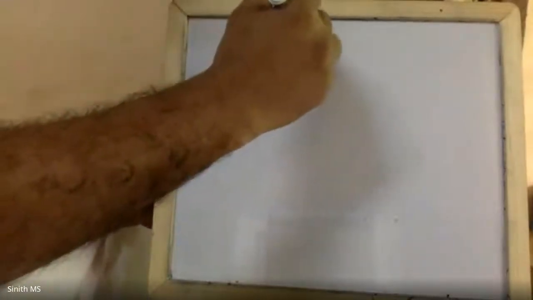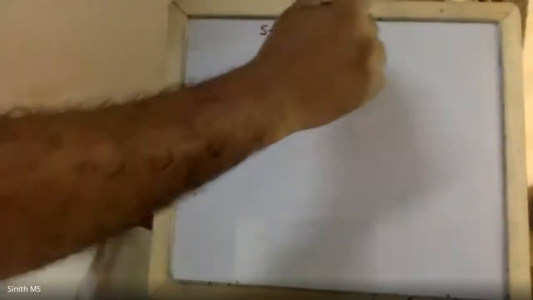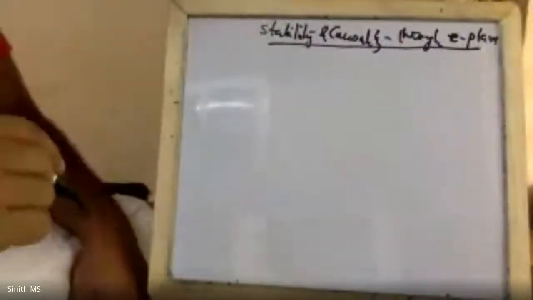Okay, so coming to the whiteboard. So, stability and causality through the z-plane.